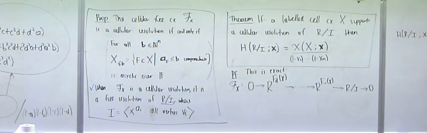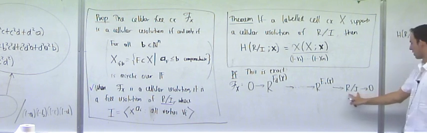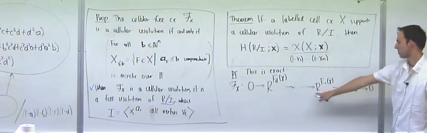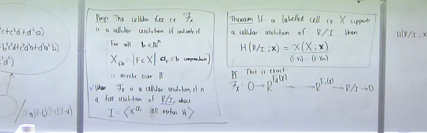So this is some sign. We'll see in a second what this is. Times the Hilbert series of each one of these guys. Now what sign should I put? I guess this one gets to be positive, so the sign I should put is i plus 1.